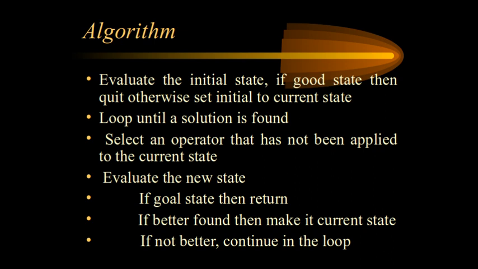What is the goal state in hill climbing? When there is no higher step, then it is the goal state. Otherwise, continue with the initial state as the current state.